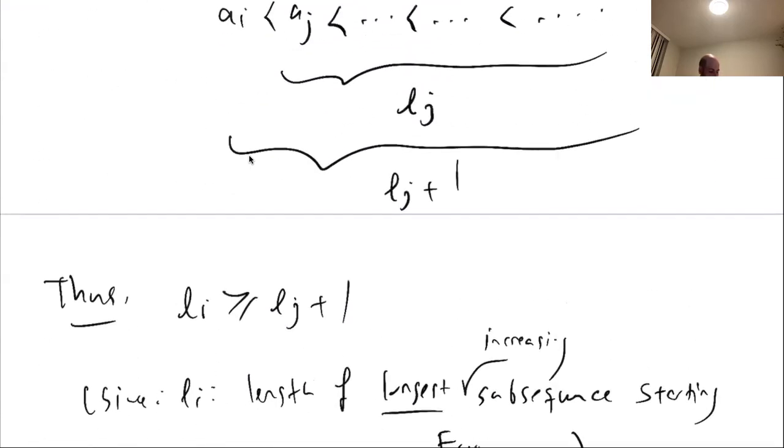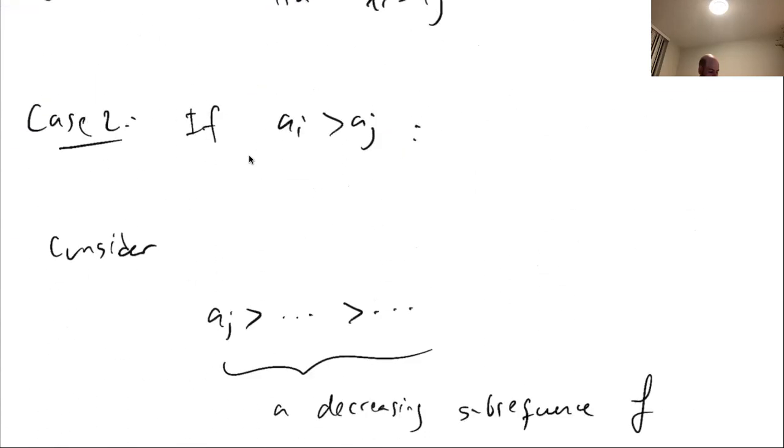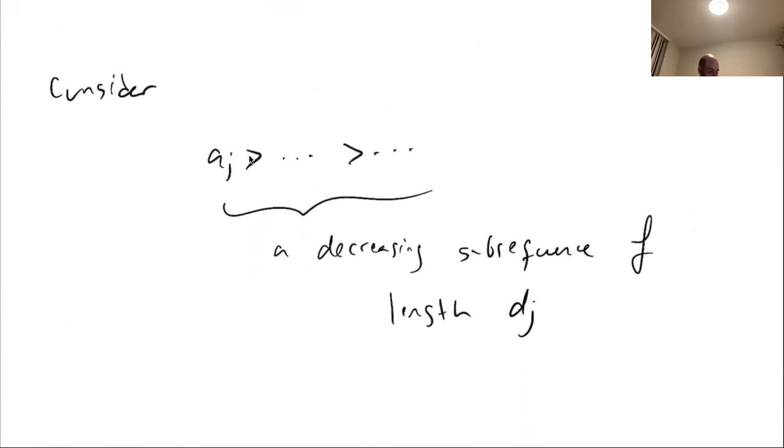Remember, dj was the length of the longest decreasing subsequence starting from aj. So if I start from aj, there exists a decreasing subsequence starting from aj of length dj.